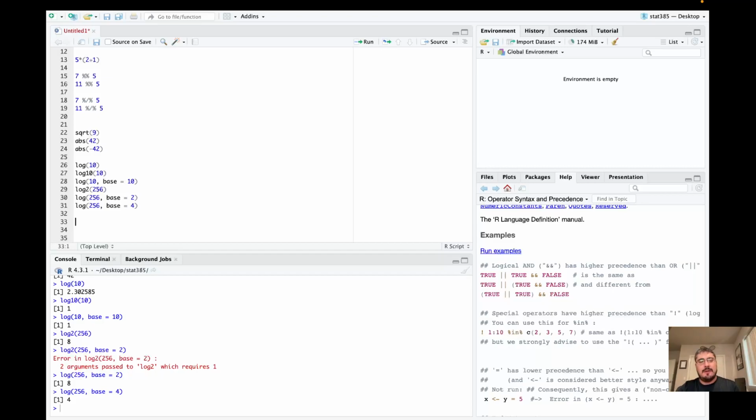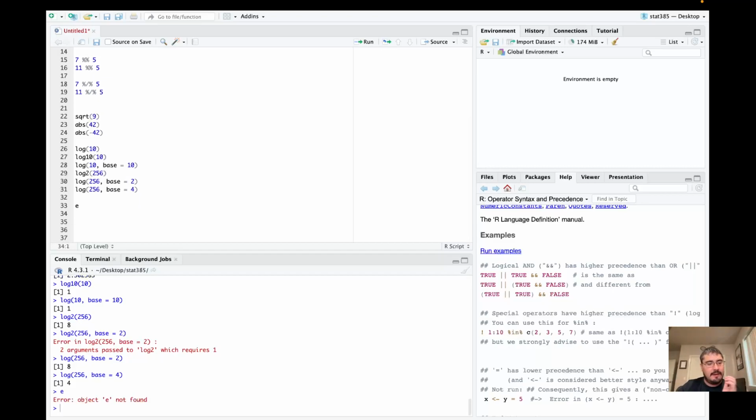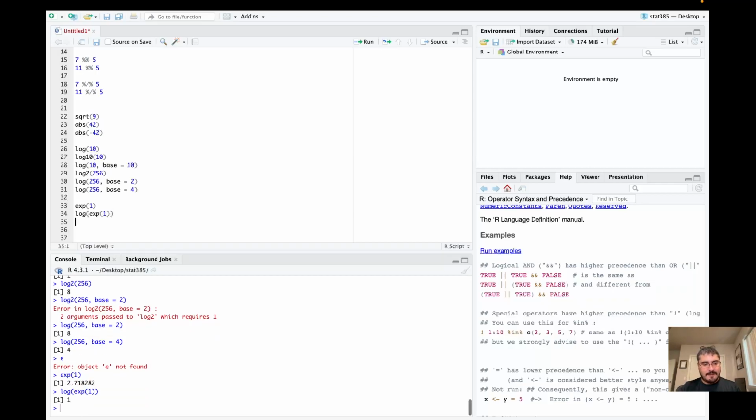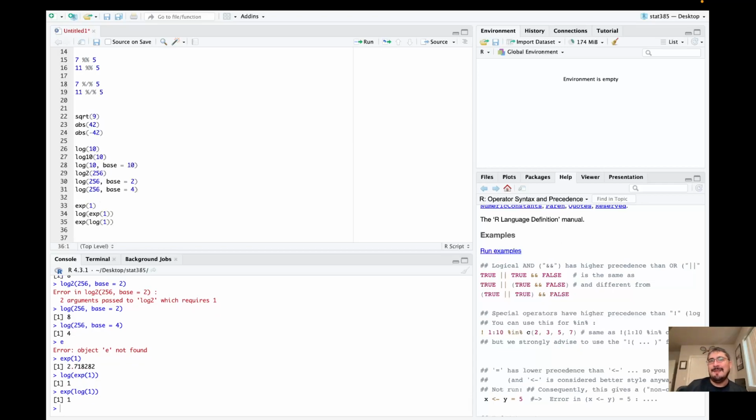Unfortunately, there's no Euler's constant in R. However, there is an exponentiation function, which will do the same thing, and you can see that since log, which always means natural log, is the inverse function of the exponent, then this returns 1. Just to make sure. Yep, okay, good.